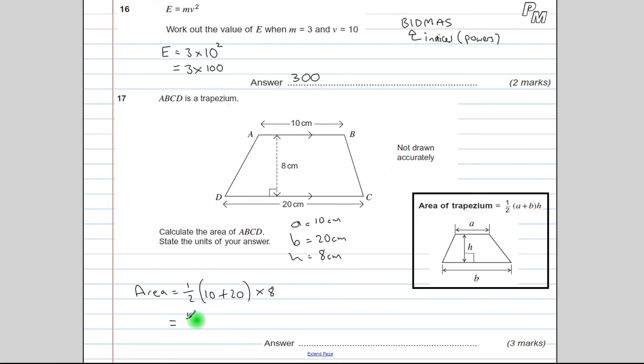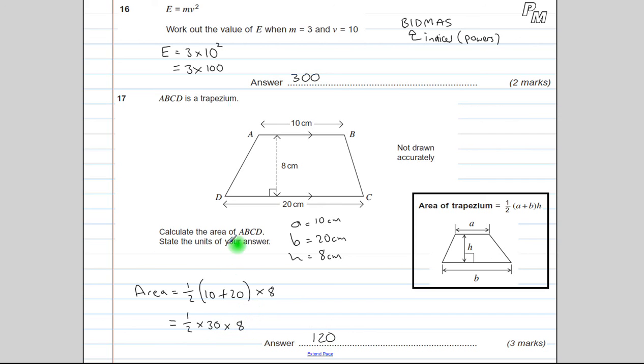Brackets comes first, so we'll work out the brackets. 10 plus 20 is 30, so that bracket just becomes 30 multiplied by 8. We can multiply these numbers in any order we want, so I'm going to make it easier for myself and do a half of 8, which is 4, and then multiply by 30, so 30, 60, 90, 120.